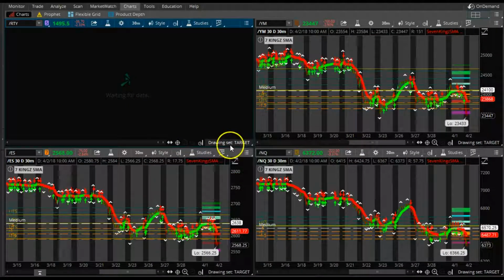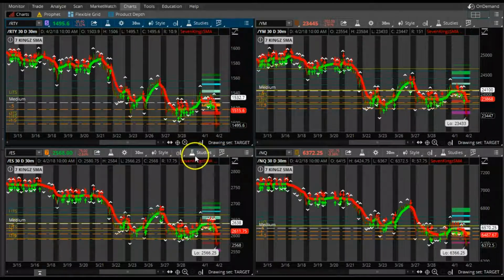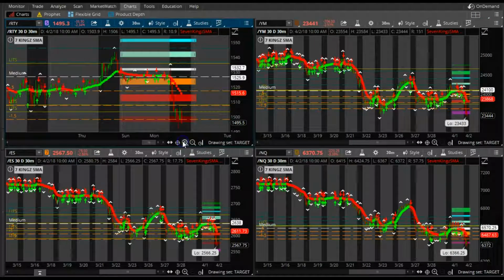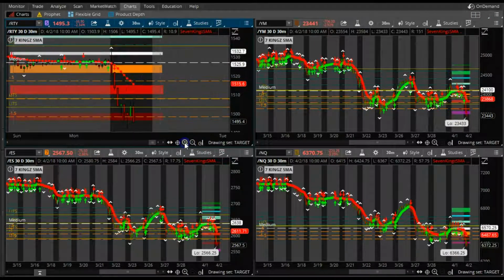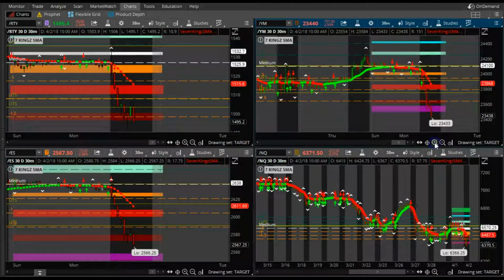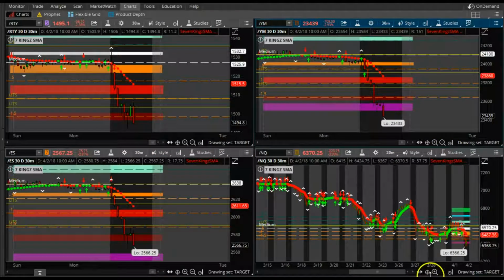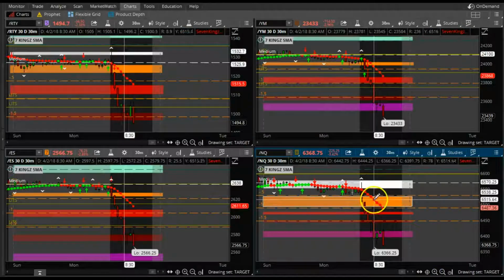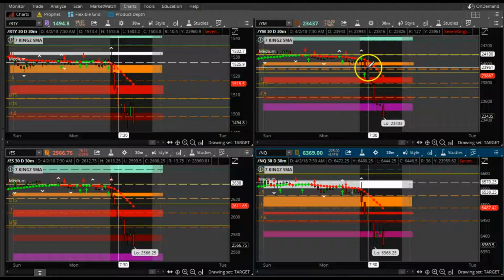7 Kingz SMA system, and so that's going to be this system here. It obviously isn't going to work as well as our main system, but it does work pretty well. I'm pretty sure our trial members that have this had a wonderful day trading these trends today. Just looking at it, we had a signal there.